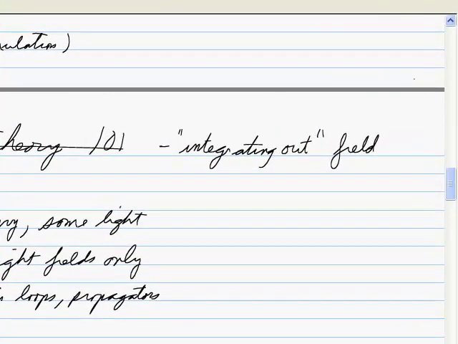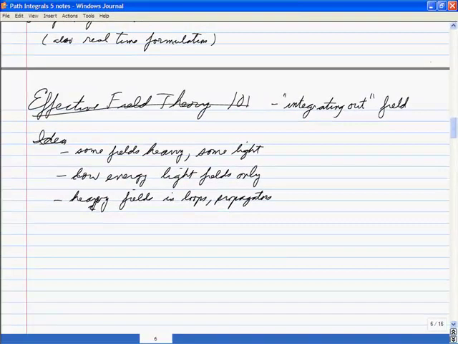And so the idea is that you do the path integral over the heavy fields. And they then disappear from your theory.